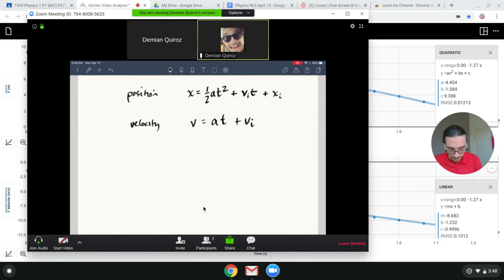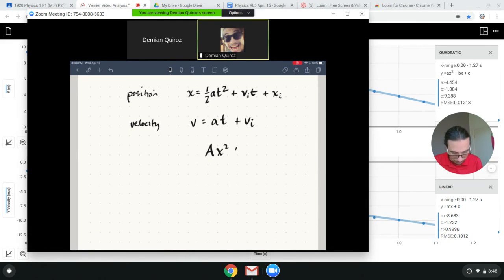So let's see. I have the quadratic equation, which is ax squared plus bx plus c, and my a is negative 4.454, and my b is negative 1.084, and my c is 9.388. Incidentally, it was released at 9.4 meters above the ground.